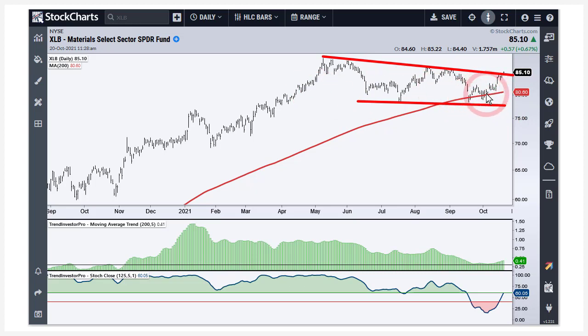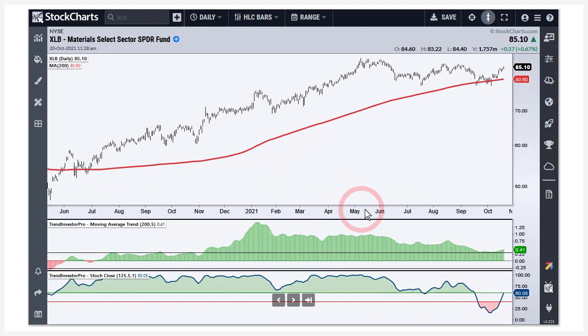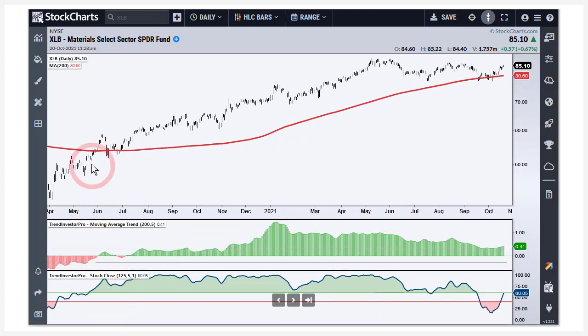There's that rising 200-day, and you can see in the indicator window it's still green, so the 200-day is still rising. Yes, Stoke Close triggered bearish, but that's because it's undoing a bullish signal from a long time ago. If I open up this chart, you can see Stoke Close turned bullish there in May in the low to mid 50s. And so it turned bearish here in September in the upper 70s.